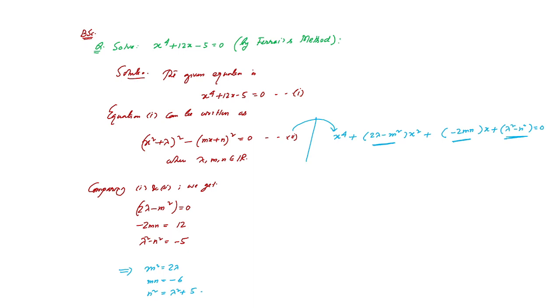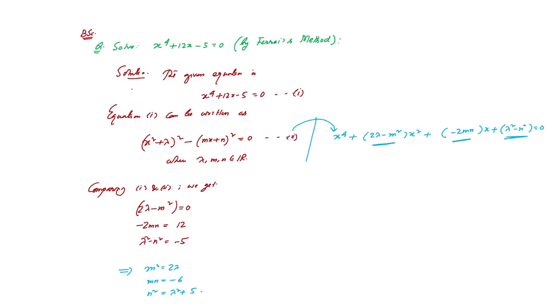So now we are trying to eliminate m and n. What will we write now? Eliminating m and n, we get: our m square is 2 lambda, n square is lambda square plus 5.